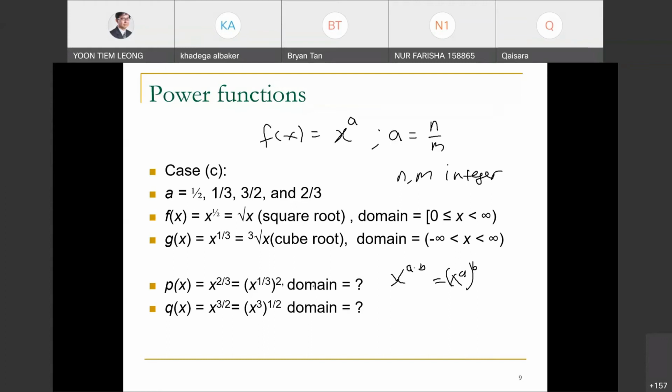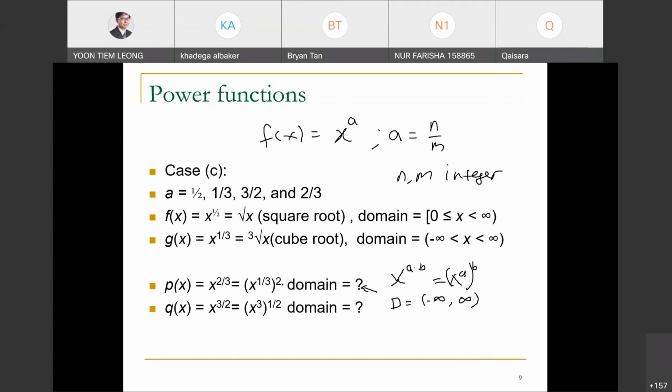So the domain of this is what? For this particular case, is the function defined for x negative or x not negative? The answer is that the domain is defined for all x from negative infinity to positive infinity. How about this one?